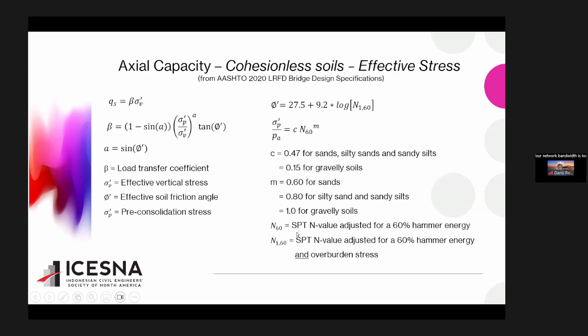You have to adjust it for 60%. N160 is the same thing, the same energy, except you need to do another adjustment based on the overburden stress. Okay, you can go to AASHTO and get the equation. N160 again is the 60% blow count adjusted for vertical effective confining pressure.